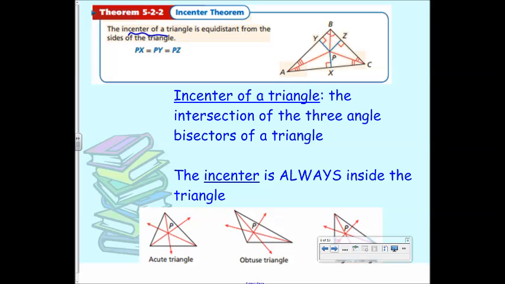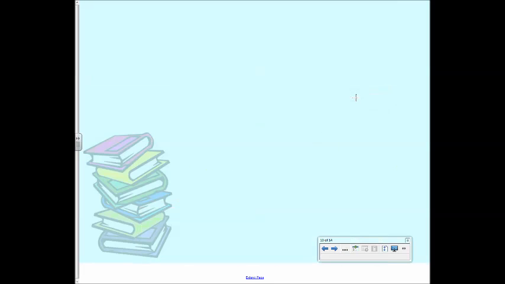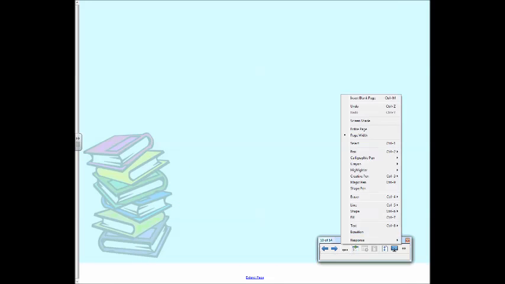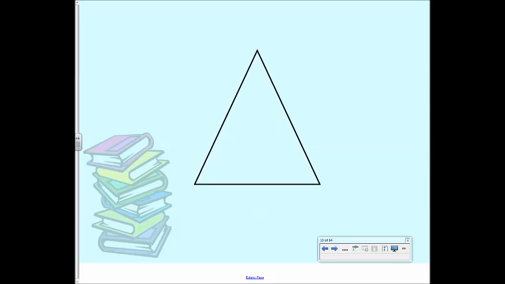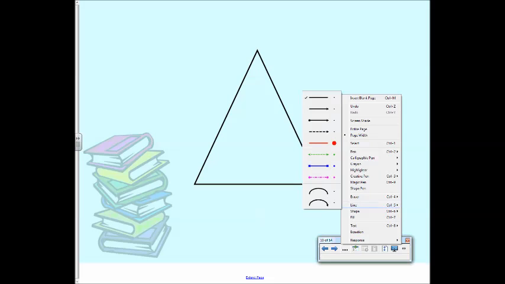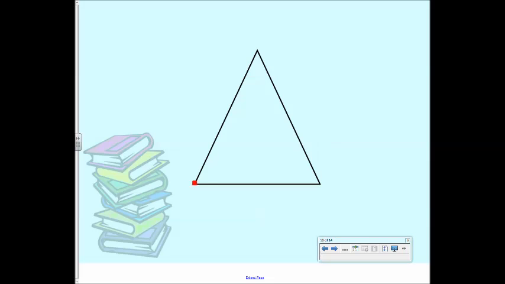So say, for instance, we have this triangle, and I want to do an angle bisector. Let's pick a different one.